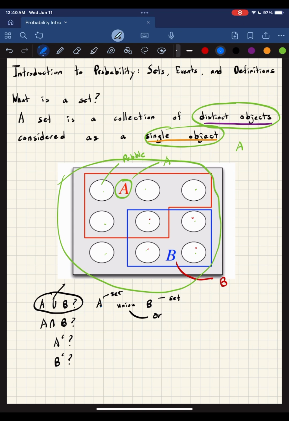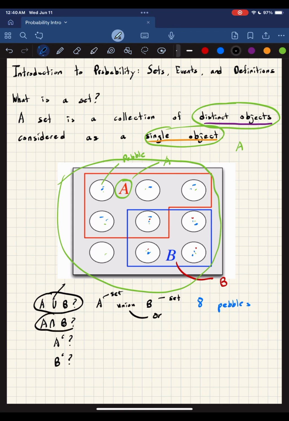So in this case, A is a single object, and the distinct objects are all these pebbles, once again. So is B, and these are B's pebbles. So A's pebbles or B's pebbles. There's 1, 2, 3, 4, 5, 6, 7, 8 pebbles that could be considered A pebbles or B pebbles. So either in the set of A or in the set of B.